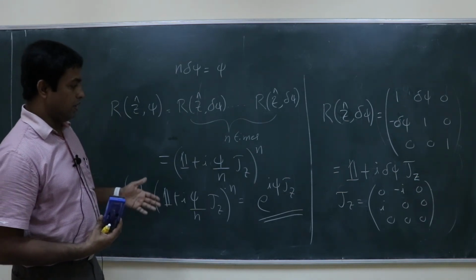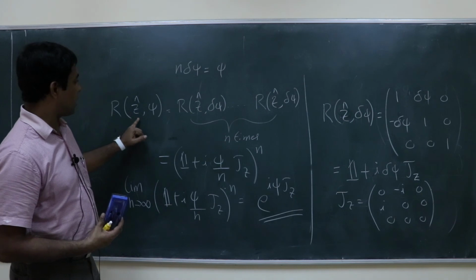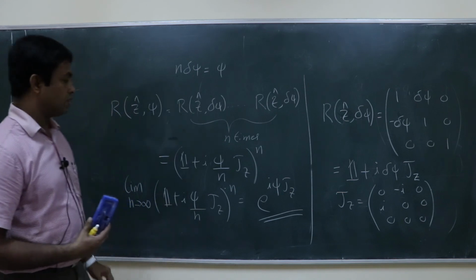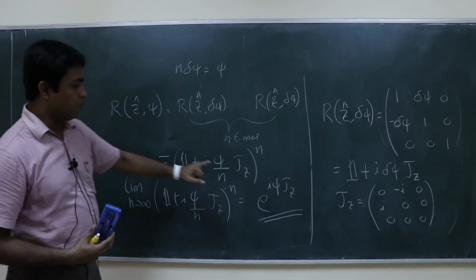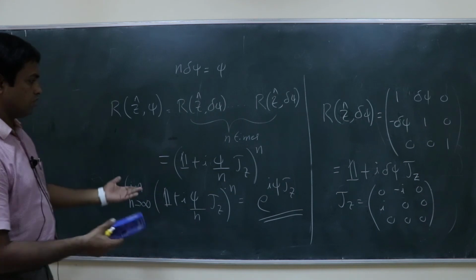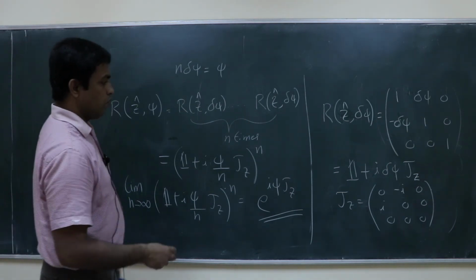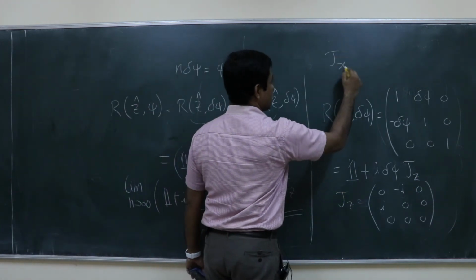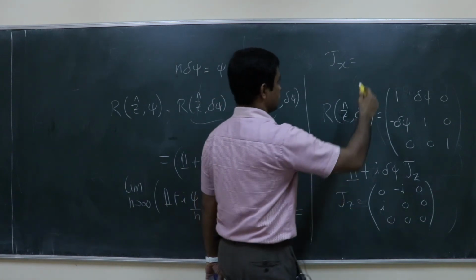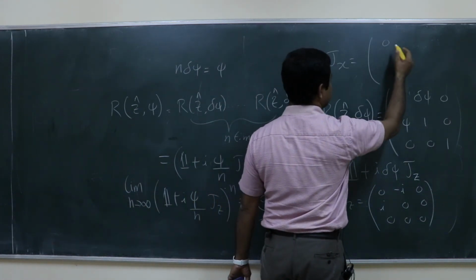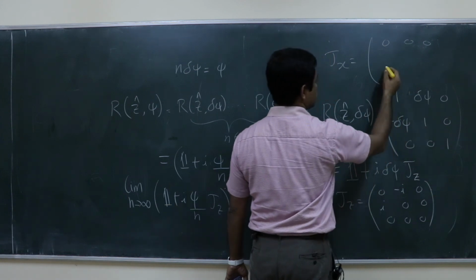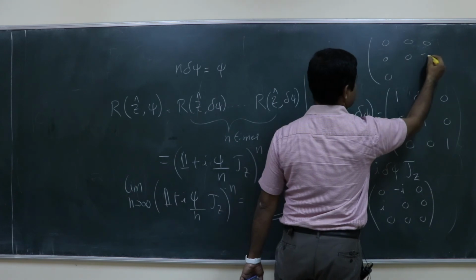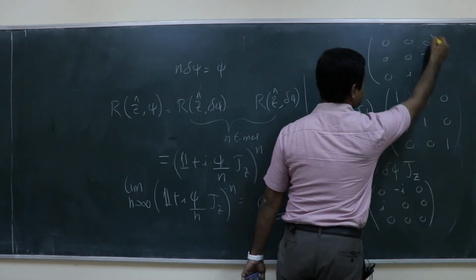So similarly, you can easily find R x cap psi. What will be R x cap psi? e power i psi jx, and R y cap psi will be e power i psi jy. Same procedure. So you can write down what jx and jy are. What will be jx? 0, 0, 0, 0, 0, 0, then 0, 0, minus i, 0, then minus i, and 0.